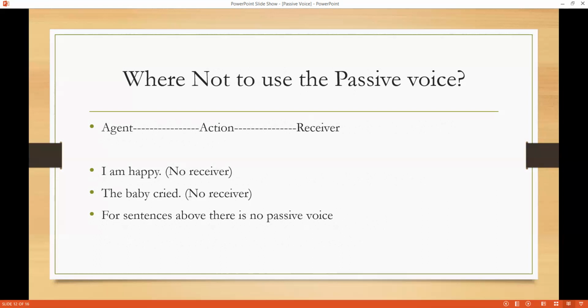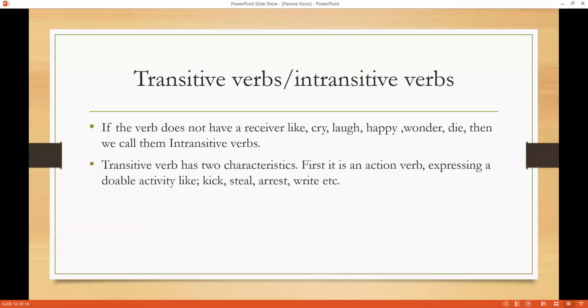Now, if a verb does not have a receiver, like cry, laugh, and I'm happy, etc., then we call that verb an intransitive verb. That's a verb that has no object or receiver.